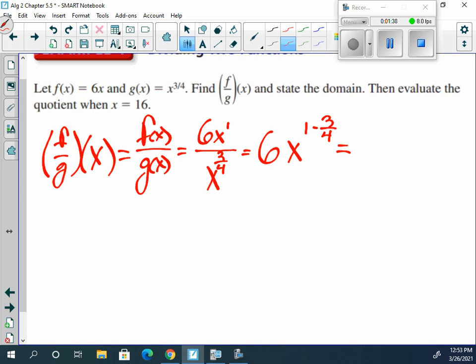When we divide like bases, we subtract their exponents. And 1 minus 3/4, we're going to have fourths, and we could do that in the calculator. Or we can do it by hand, either one, and it would give us 1/4.